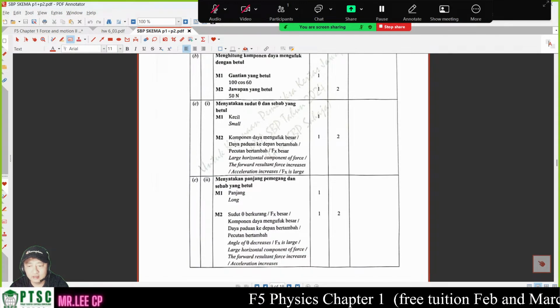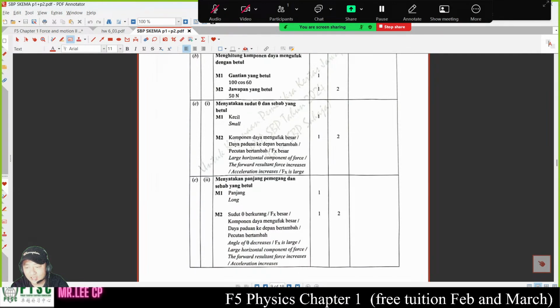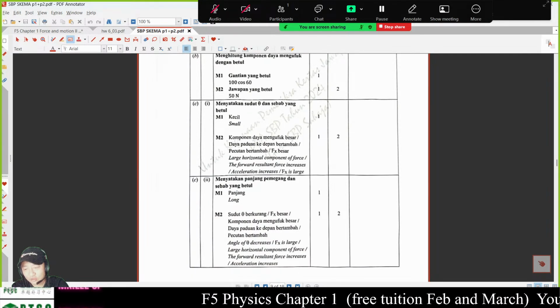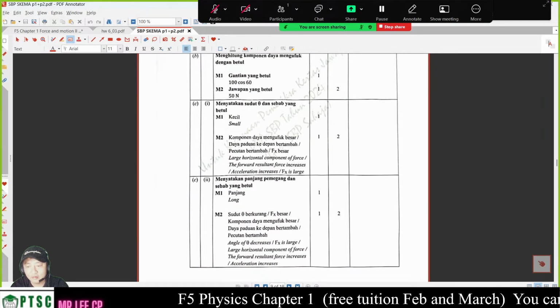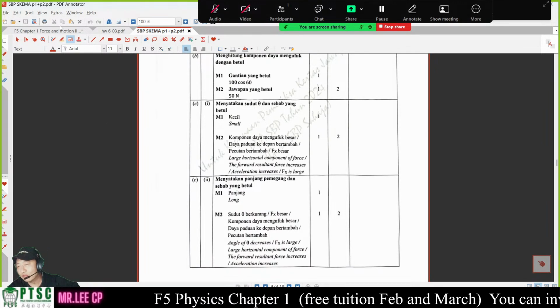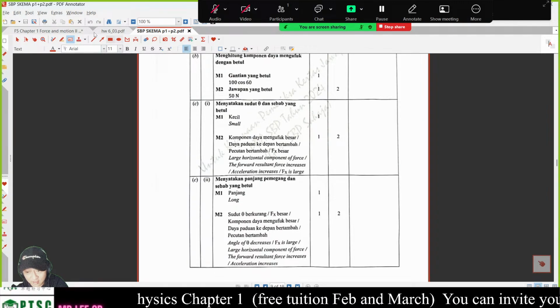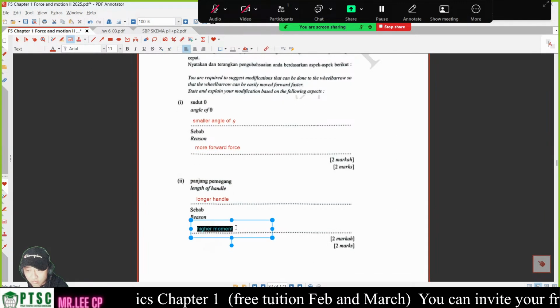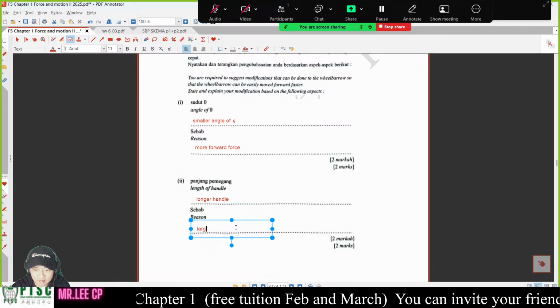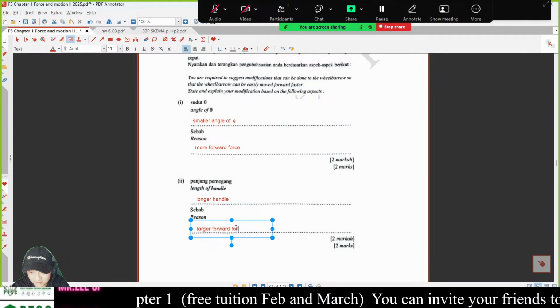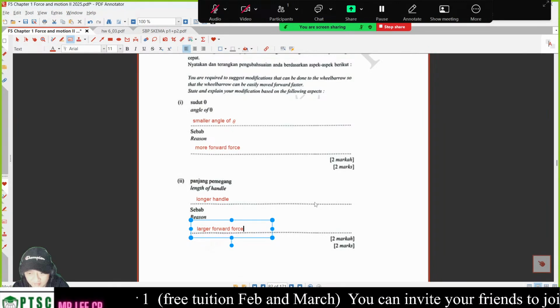Acceleration increases, forward resultant force increases. So you can just simply write one. Because moment is not in Form 5, I should not put in moment. So I just said Fx is larger, larger forward force.